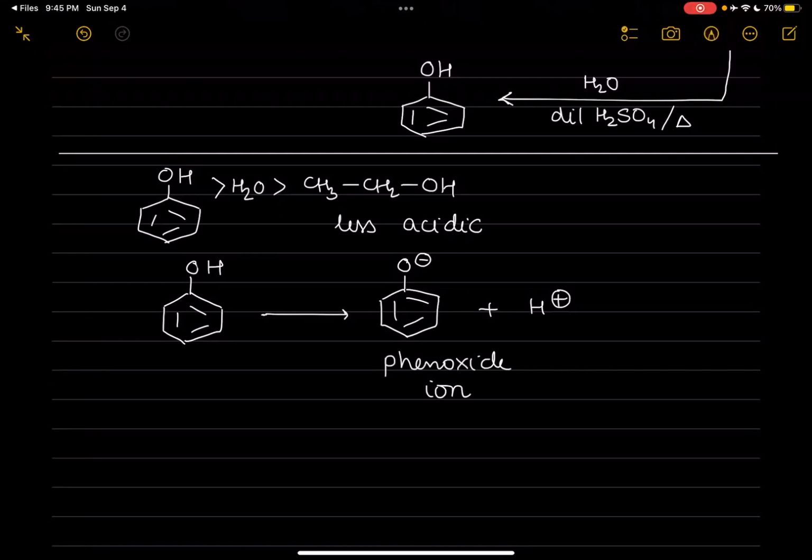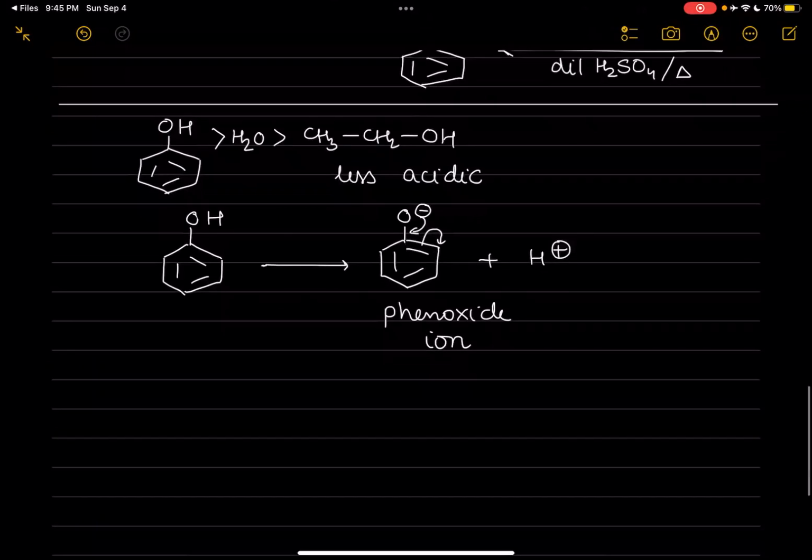And this is stabilized by resonance. Clear? So that's why it is slightly more acidic.